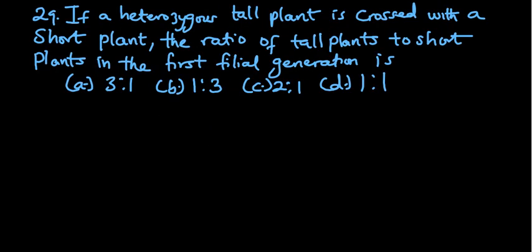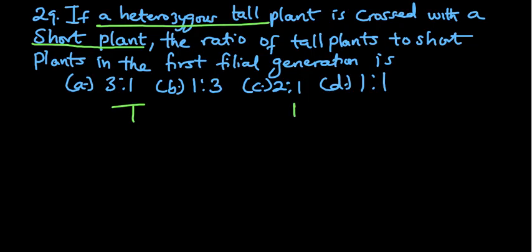So if a heterozygous tall plant is crossed with a short plant, the ratio of tall plant to short plant in the first filial generation is. Now they said it is crossed with a short plant, so it means it is homozygous short. Let me use T as the gene for tallness and small t as the gene for shortness.